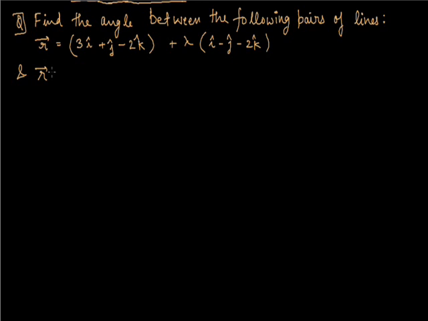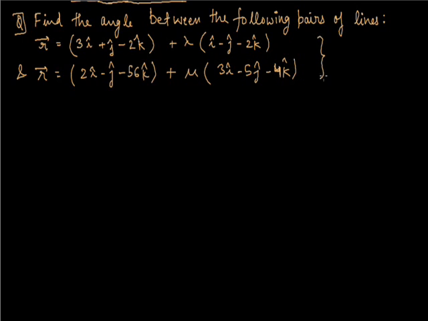And the second line is given to you as 2i cap minus j cap minus 56k cap plus mu times 3i cap minus 5j cap minus 4k cap. Now these equations are given to you in vector form, so we will apply the formula in vector form only.